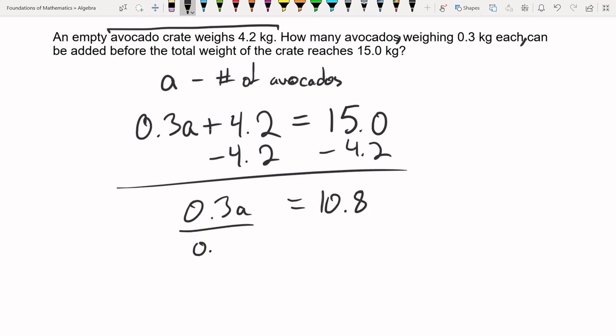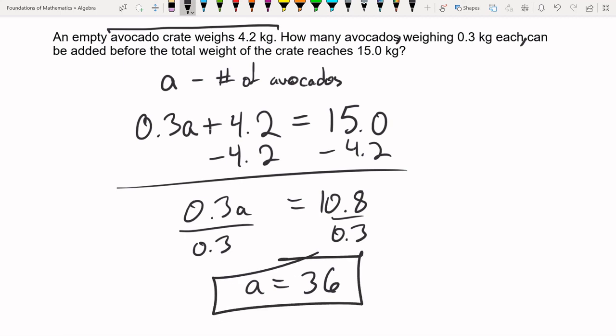And now we can divide by 0.3, giving us A equal to, I get 36. So that means we can put 36 avocados into the crate. And if we do that, the total weight of the crate is going to be 15 kilograms because of the 4.2 kilograms added onto it. So that means we can have 36 avocados per crate.